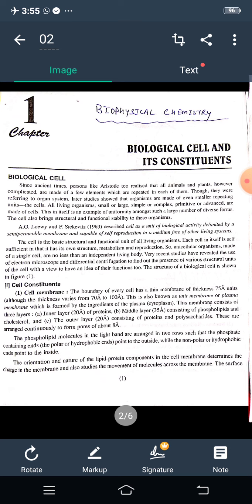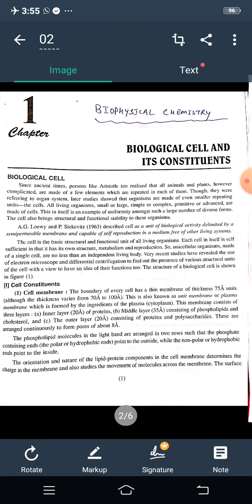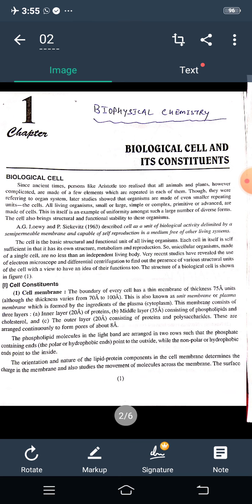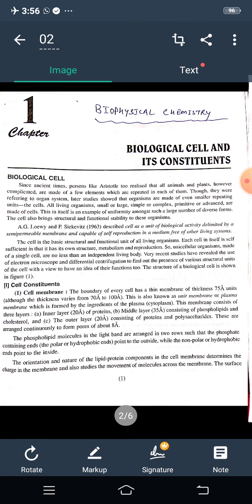The membrane consists of three layers: the inner layer of 20 angstrom of proteins, the middle layer of 35 angstrom consisting of phospholipids and cholesterol, and the outer layer of 20 angstrom consisting of proteins and polysaccharides. These are arranged continuously to form pores of about 8 angstrom.